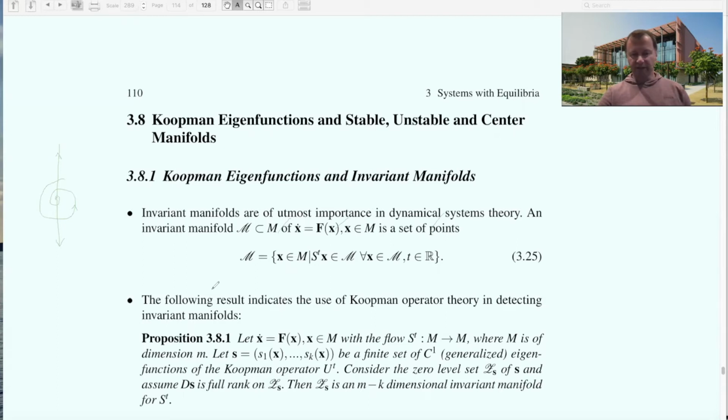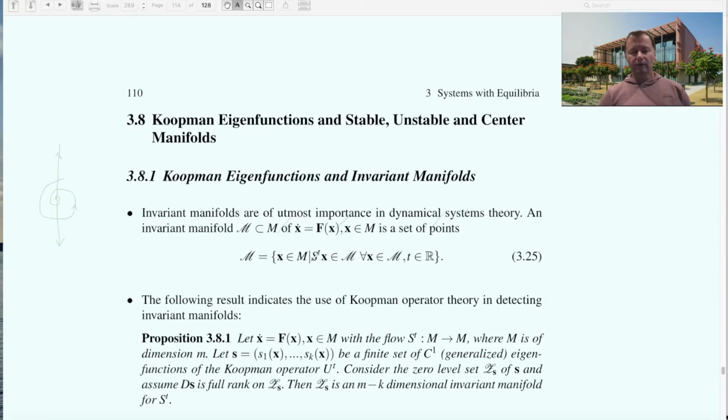Just as a reminder, an invariant manifold is the set of all x in the state space such that starting from the initial condition x, the flow in positive and negative time stays in M, right? So that's the definition of an invariant manifold.